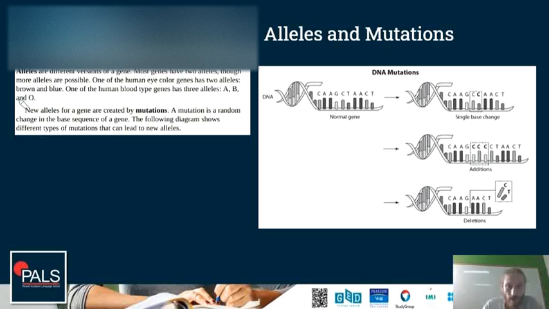So we have the gene for eye color, and we have the 2 alleles, brown eyes and blue eyes.